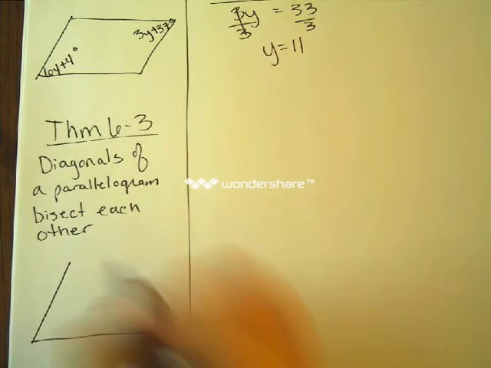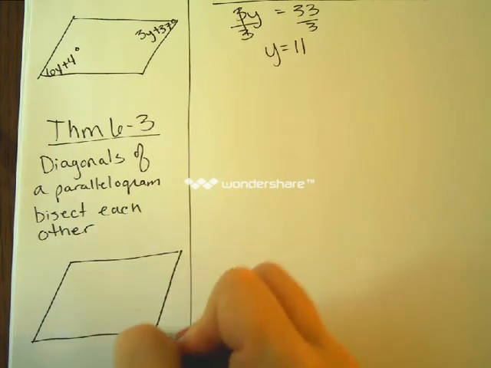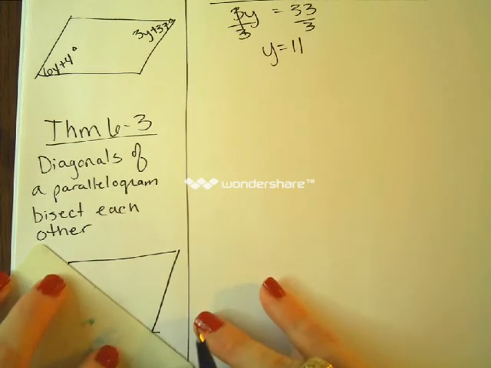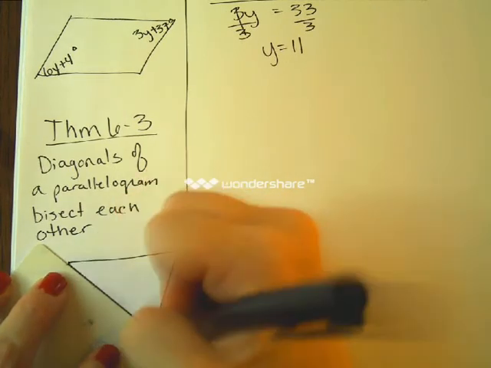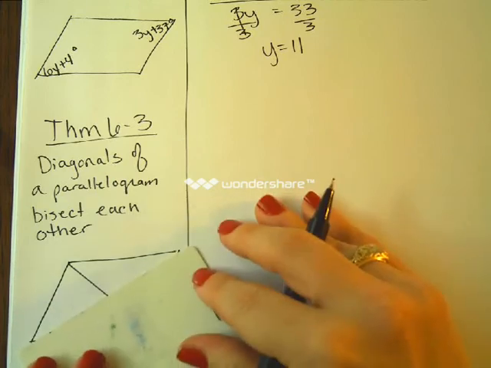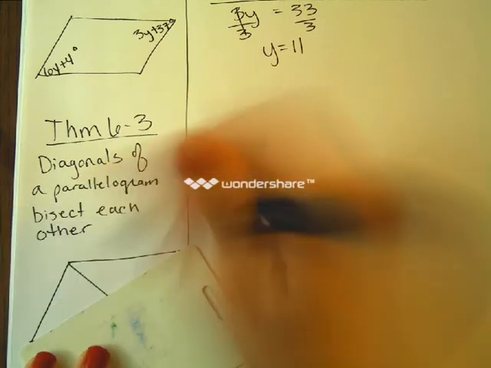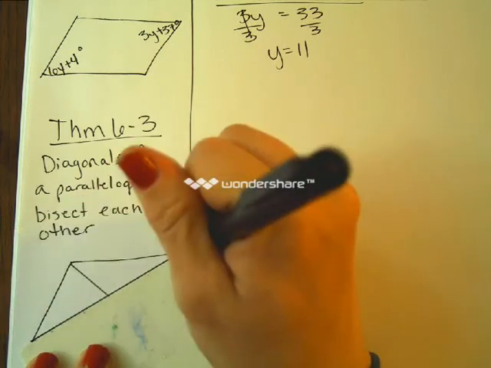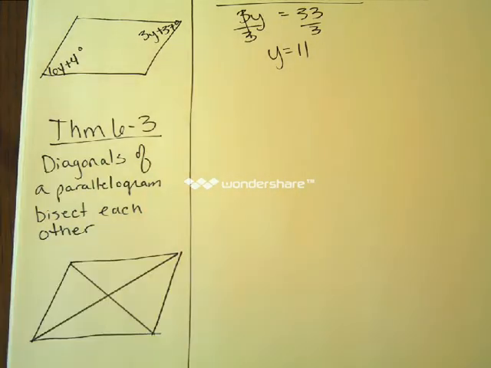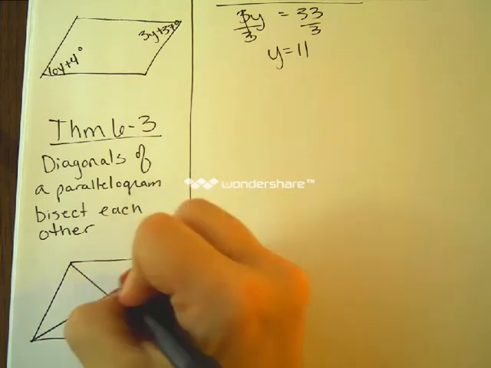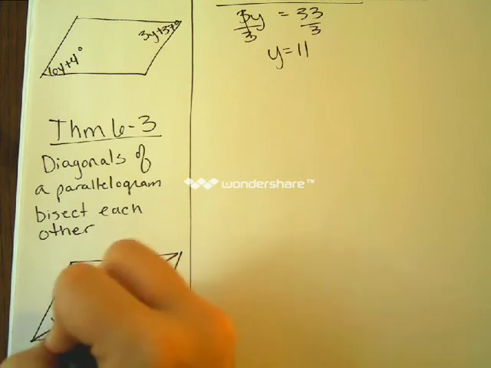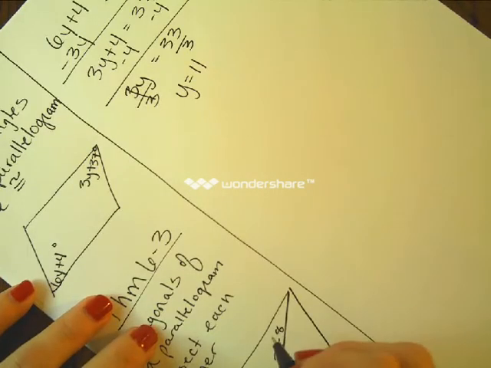if I had this picture and I had that diagonal drawn and that diagonal drawn, and this is 2a minus 8, and this is b plus 10, and this is a, and that's b plus 2.